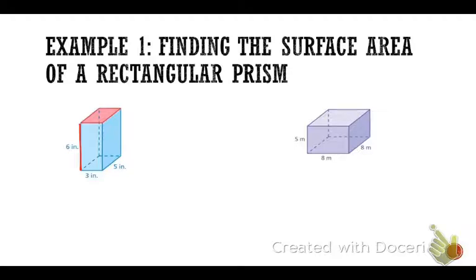But obviously, we know that 6 would be what? Height. The height, okay? It's tall. And then 3, usually the width is the distance across the front of a figure. That would be the width. So 3. And then 5 would be my length. Now, if you said 3 was the length, if you flipped them, you would still get the right answer, because we're multiplying.